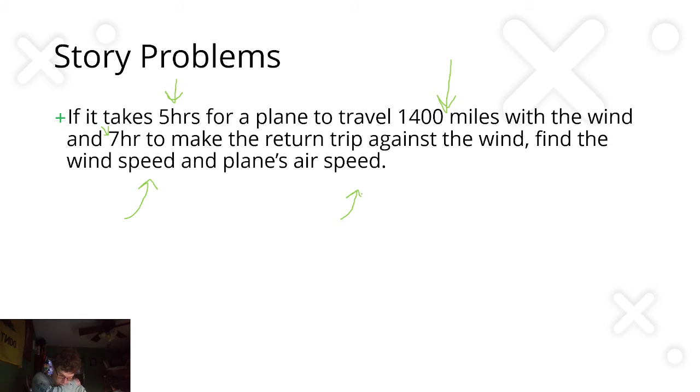We're trying to find the plane's speed and the wind's speed. So we're going to let P equal plane speed. We're going to let W equal wind speed. Okay, first off, we're dealing with another distance equals rate times time problem.